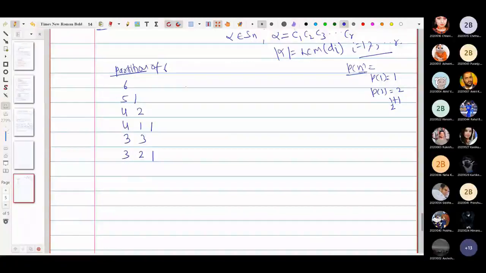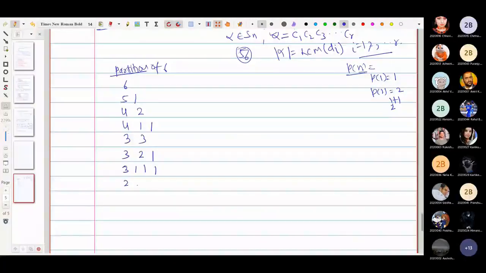An element alpha in S6 has these many possibilities. There may be a 5 cycle and a single cycle.